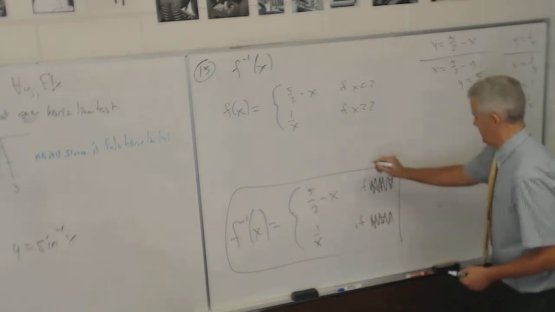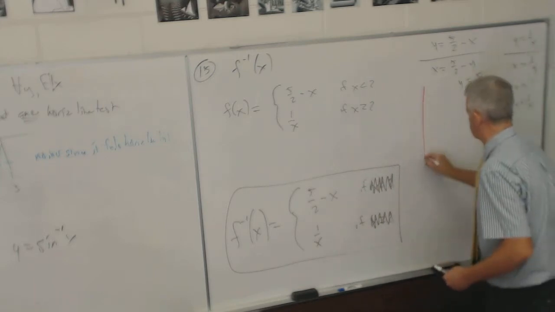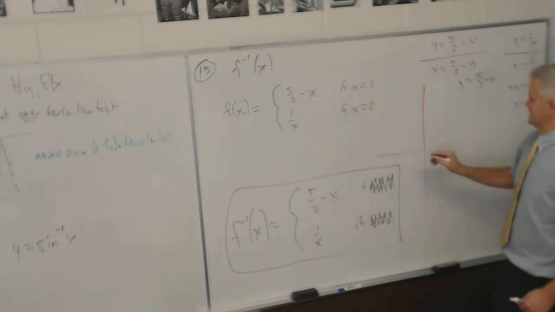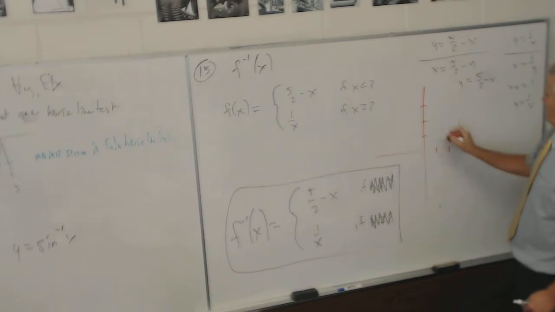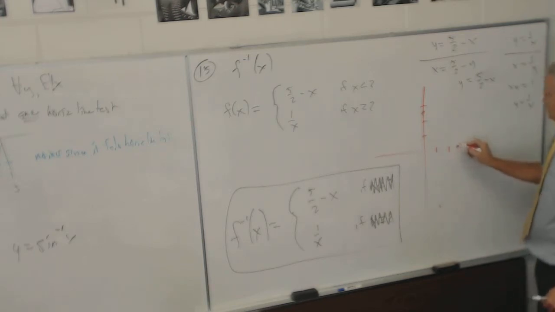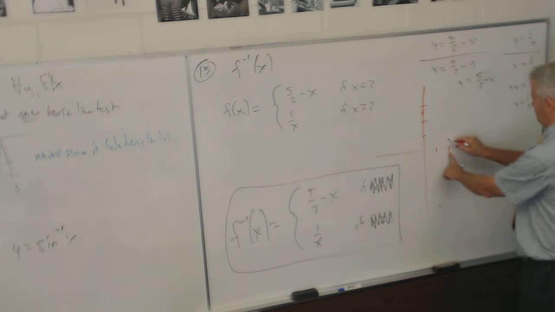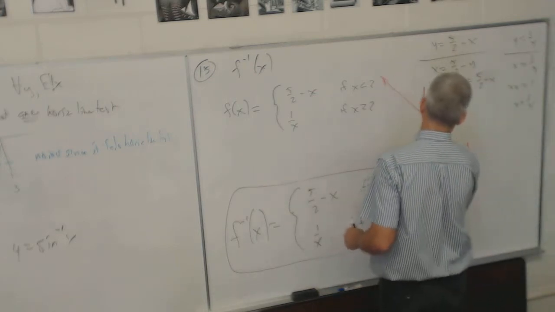So I'm going to graph it in red here. Let's see if I can graph it reasonably well. 5 halves minus x is a line, the y-intercept is 2.5, slope is negative 1. So it goes through these points, and if I plug in 2, I get 1/2.